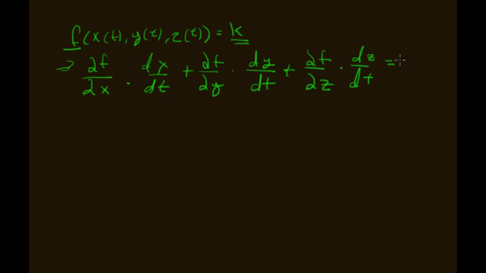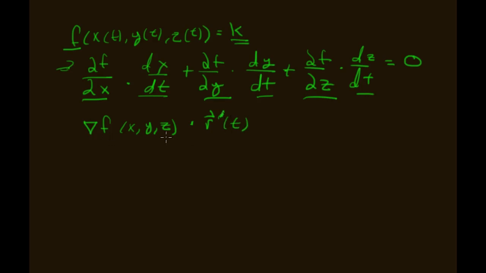I want the derivative of f to be equal to, so if I take the derivative of the left with respect to t and the derivative of the right with respect to t, I should get 0. If you look at this, these are the three partials of f. So that's going to be the gradient of f at x, y, and z. And that's just r prime of t: dx/dt, dy/dt, dz/dt.